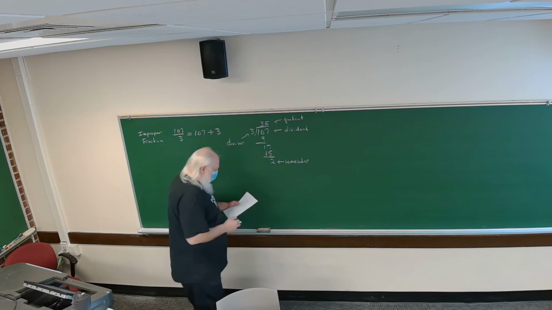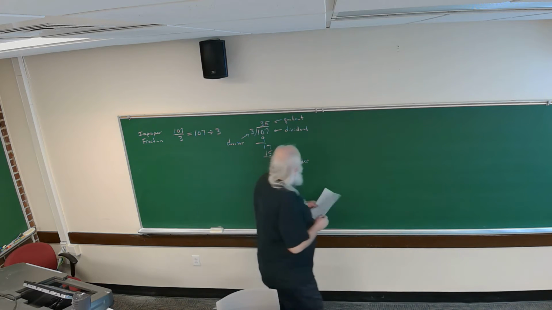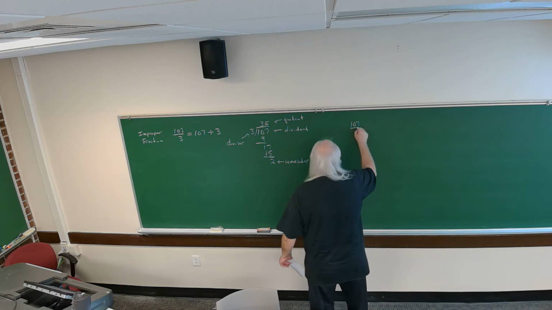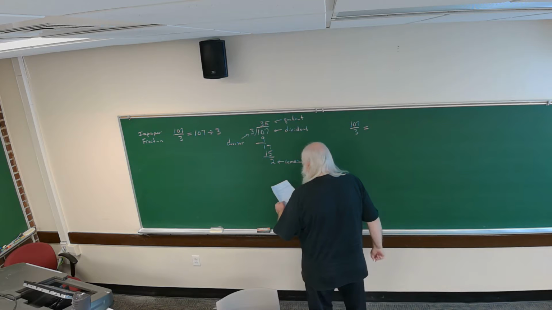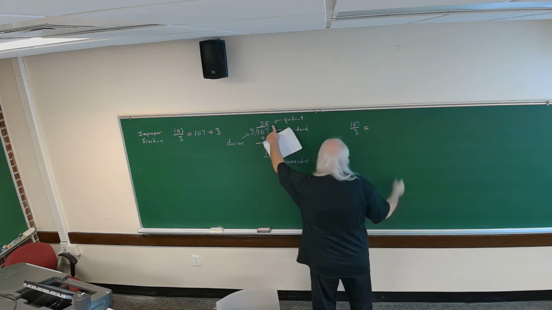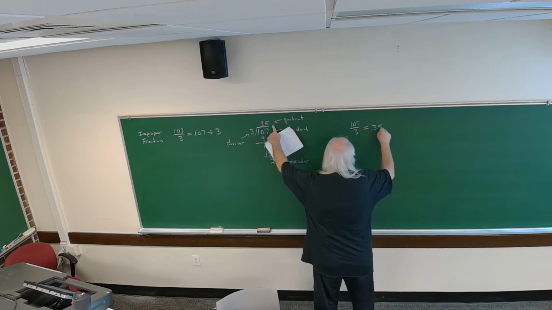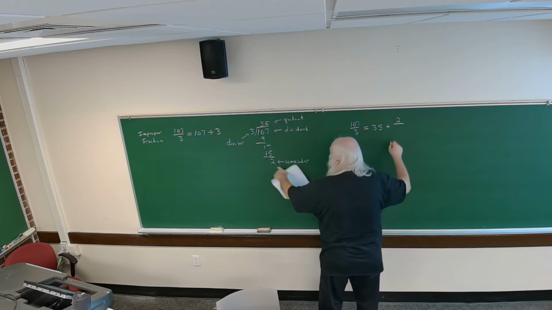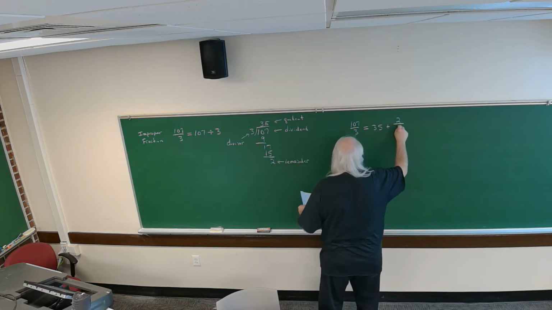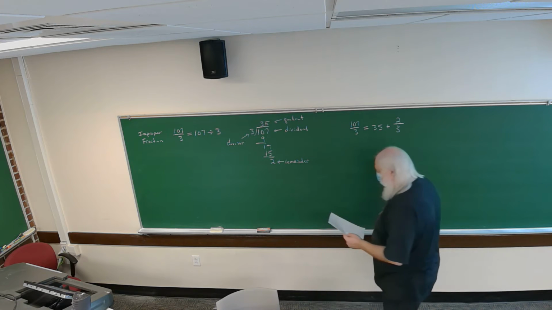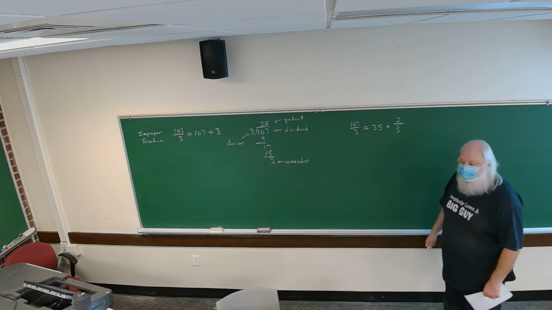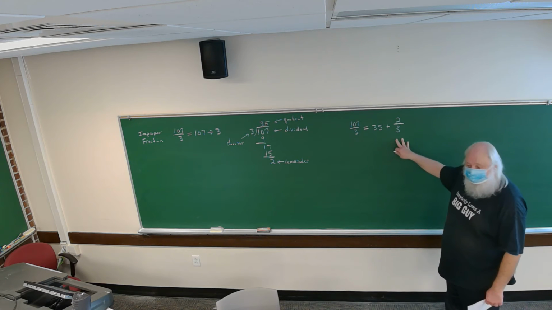So what we have shown is 107/3 can be written as the quotient 35 plus the remainder 2 over the divisor 3. So 107/3 is equal to 35 plus 2/3, which is kind of where you get the mixed numbers from.